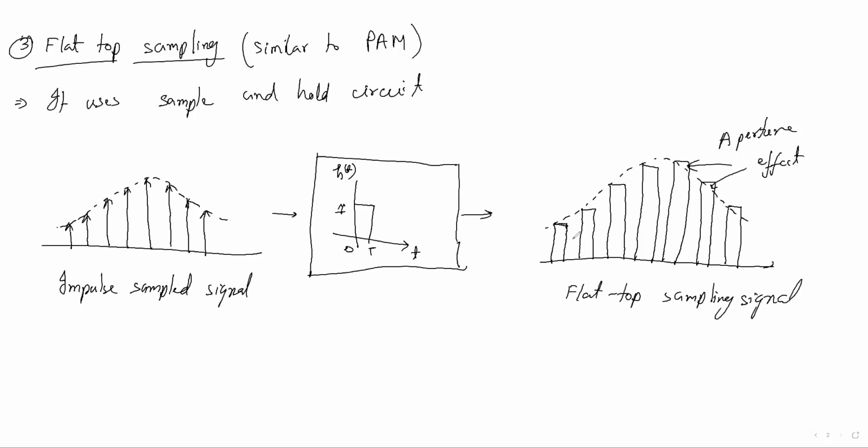These signals are practically realizable. We can implement and generate this sort of flat top signal. Sometimes many questions ask what the aperture effect is, or where we can see this aperture effect.